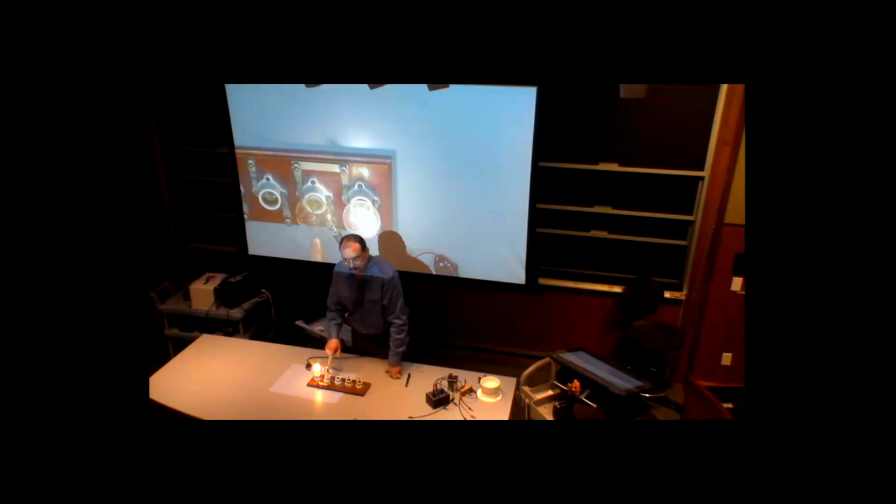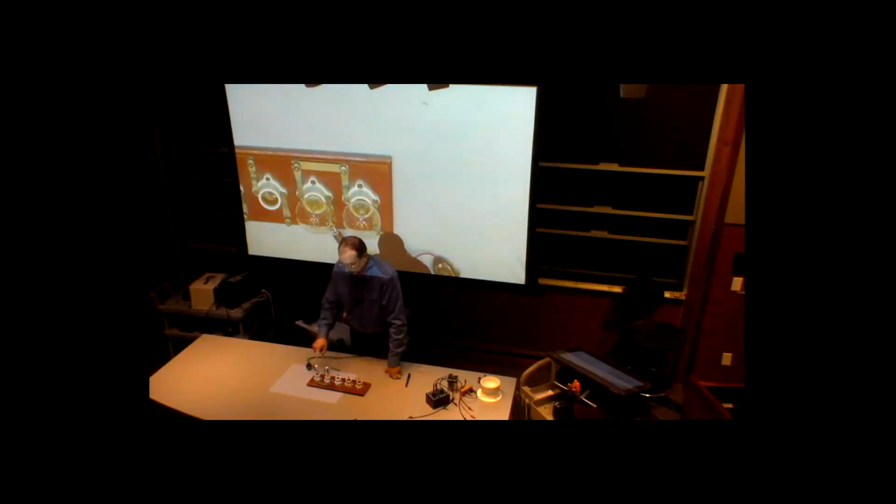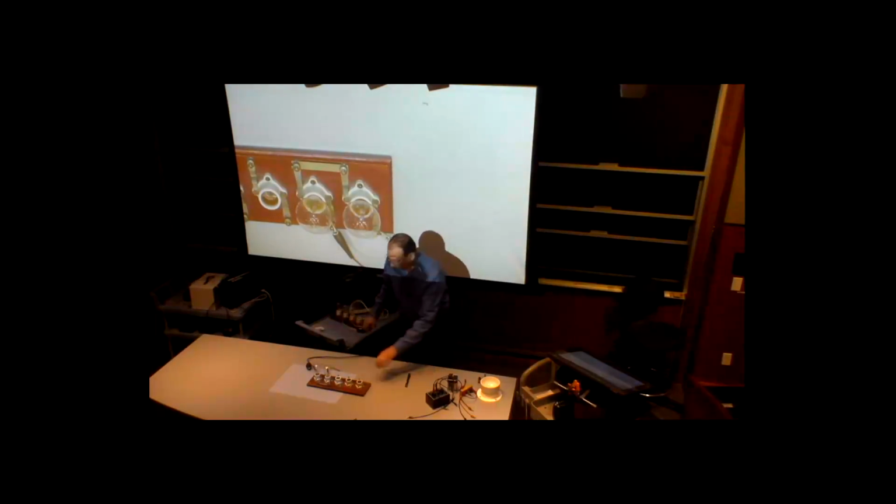The 100-watt bulb practically doesn't do anything, but the 40-watt bulb is now brighter. What is the explanation? The explanation is in calculating the power. If we calculate the power, more power means brighter, less power means dimmer.